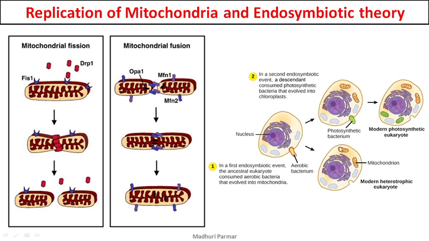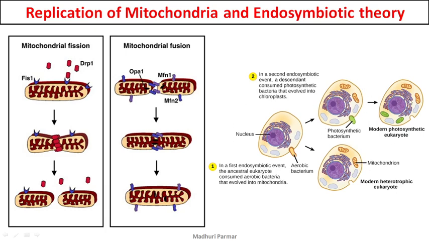Also mitochondria entered first because even plant and animal cells both have mitochondria, and the chloroplast must have entered later on, because animal cells do not have chloroplast, only plant cells do.